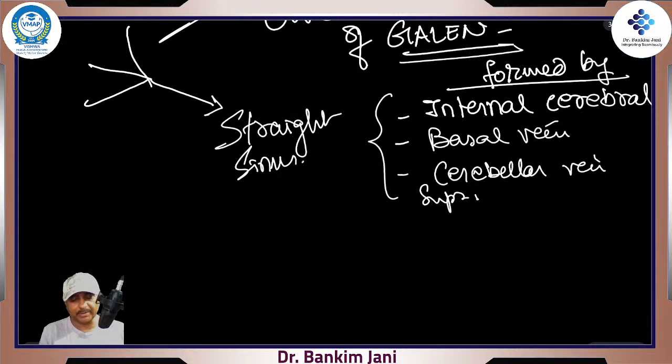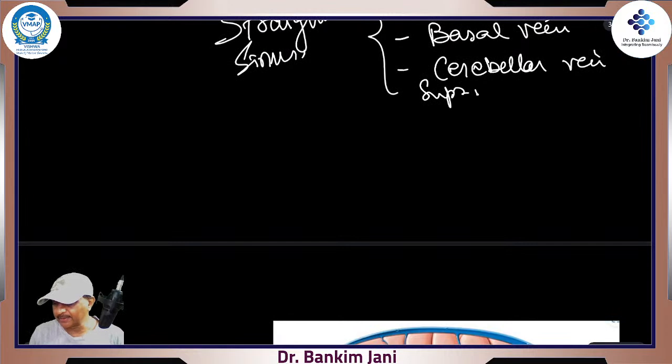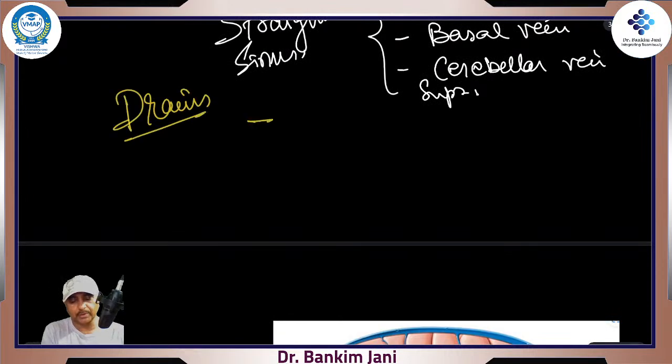So we remember two things. This is our great cerebral vein of Galen, formed, and it lands into the straight sinus. Point is this: what does it drain? It drains the cerebellum.